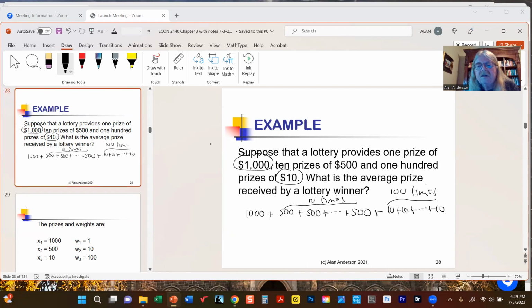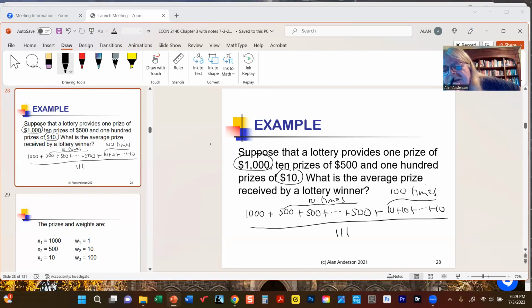So altogether, you'd have 111 prizes in the numerator, and you could divide by 111, and you get the right answer. But man, what a nuisance that's going to be. Imagine adding up 111 different numbers. What do you think the odds are of making a mistake?